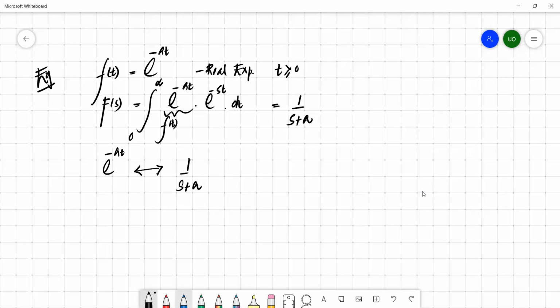If you have this time domain quantity, the corresponding Laplace transform is this. And if you have this s domain quantity, you can bring it back to time domain by taking this exponential function as the inverse Laplace transform. Okay, so this is very simple.